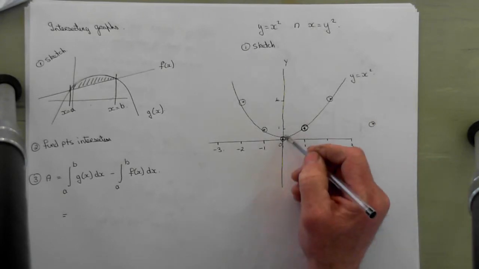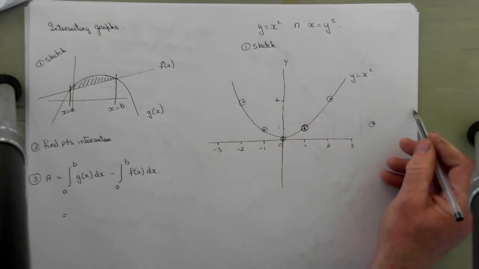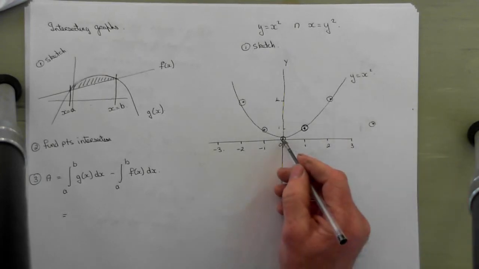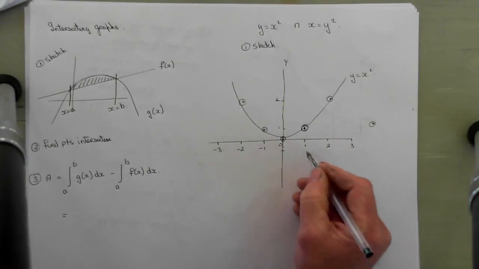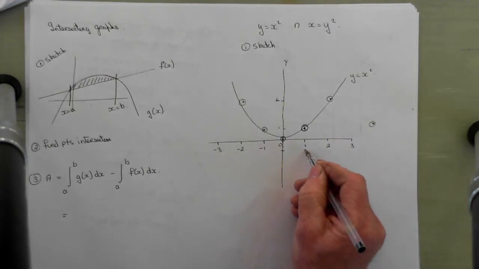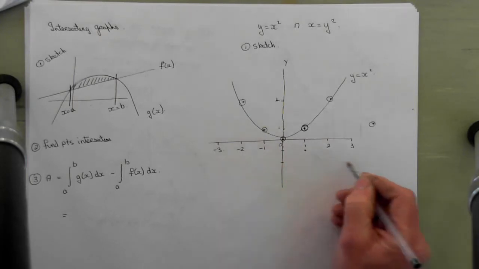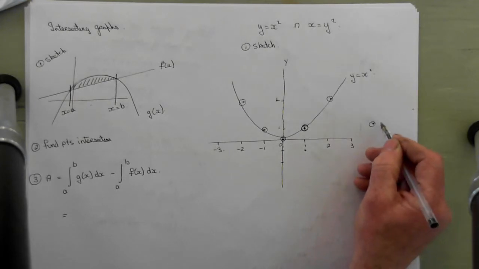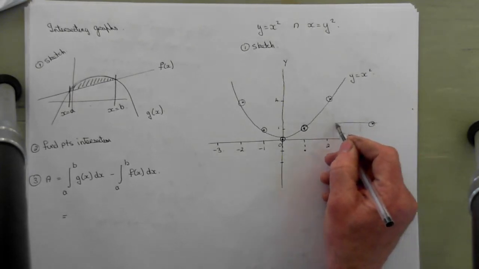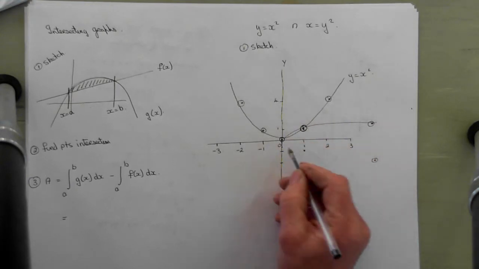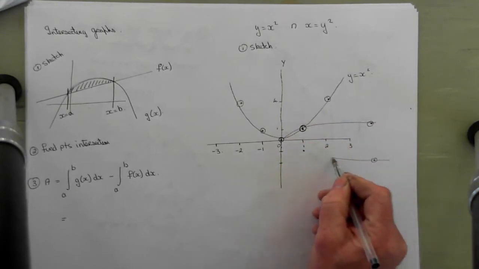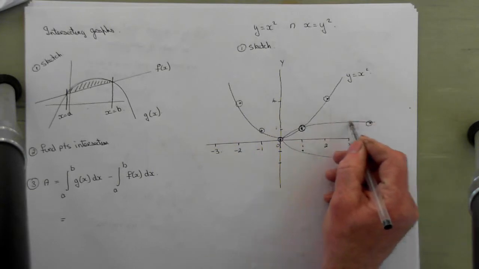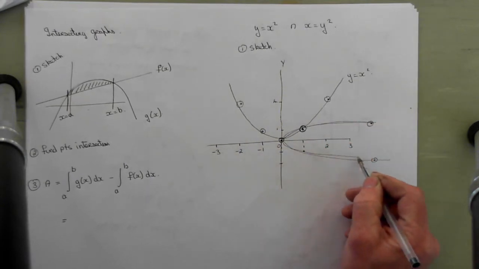When y is 3, what's x? 9. When y is minus 1, what's x? 1. When y is minus 2, what's x? 4. So that's that graph. In other words, it's symmetrical around that axis.